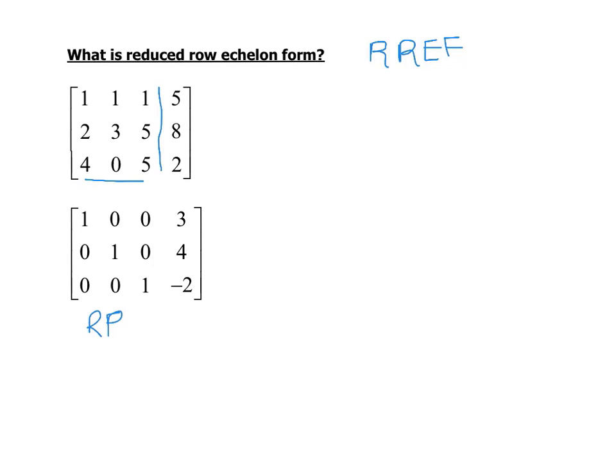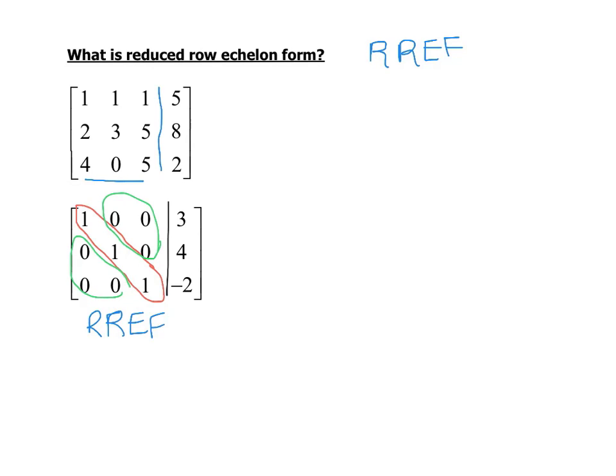Here is the RREF matrix for that particular system of equations, and I want you to notice a couple of things. First of all, along this diagonal here, we have 1s, and then above and below those 1s are a bunch of 0s. And then we still have the right-hand side with other numbers.